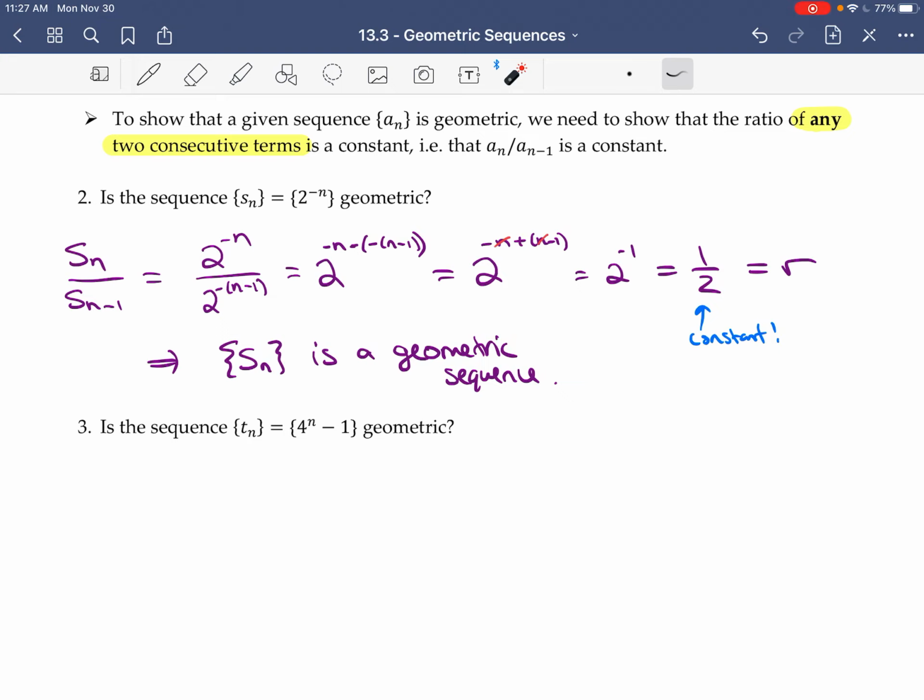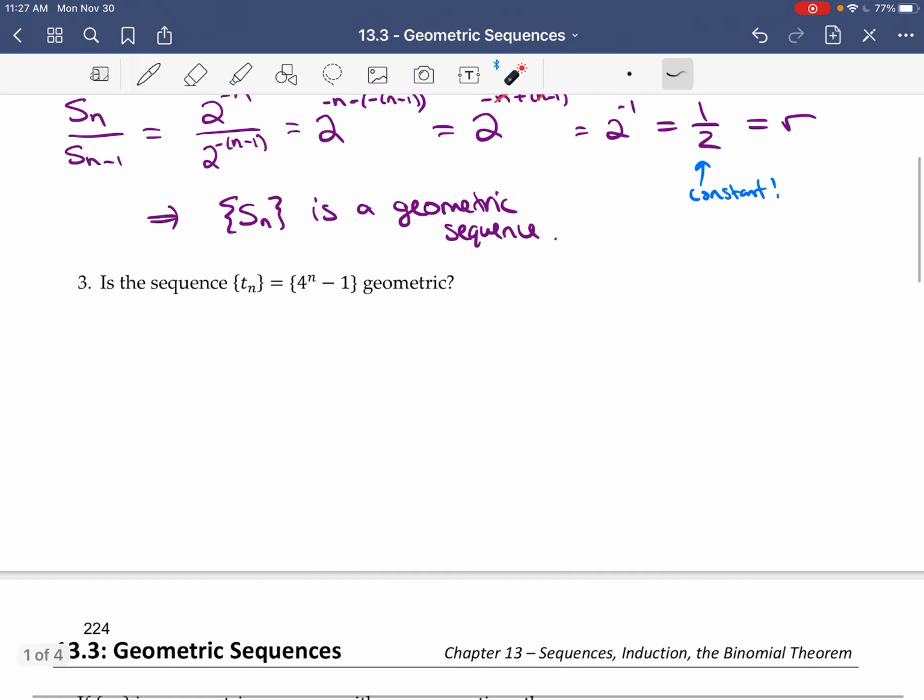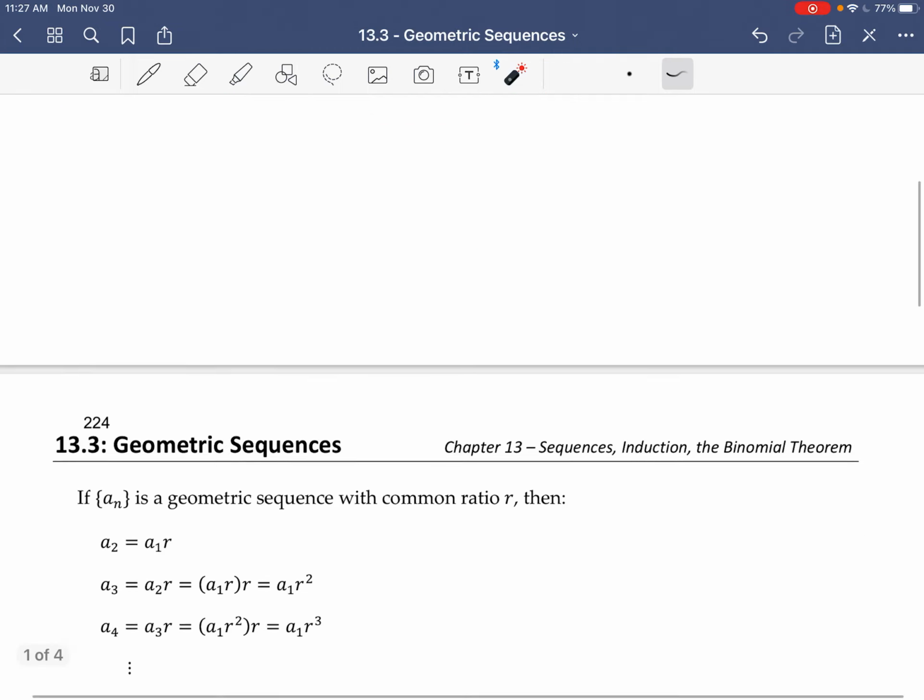Do I multiply by the same thing to get from one term to the next? Just keep that in mind. I'm going to leave example 3 for you. Remember, it doesn't say show the sequence Tn is geometric. It says, is this sequence geometric? So the answer might be no. Just keep that in mind when you're trying to do that one.